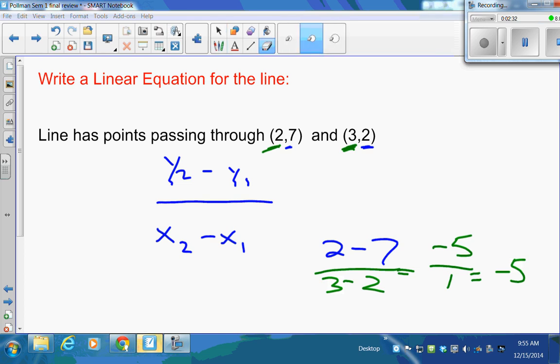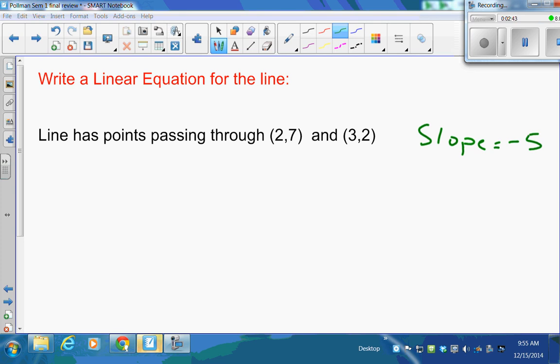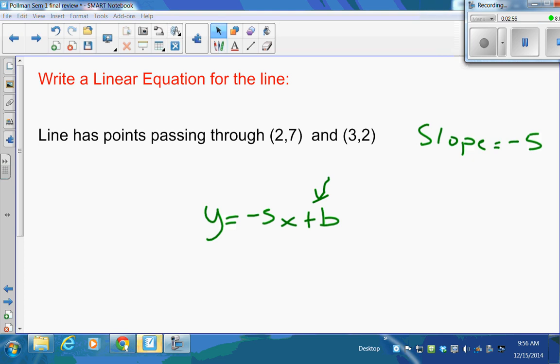Now, I have to do my whole equation, so I'm going to erase this piece right here. Remember, my slope is negative 5. So my equation is y equals negative 5x plus b. My goal now is to find my b. How I do that is I have to pick one of these equations.